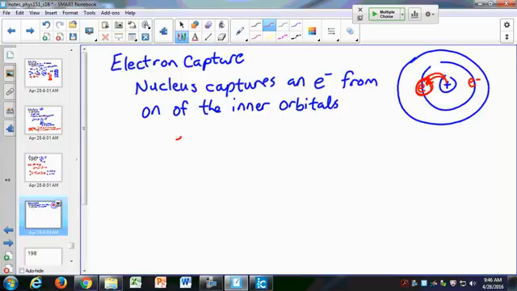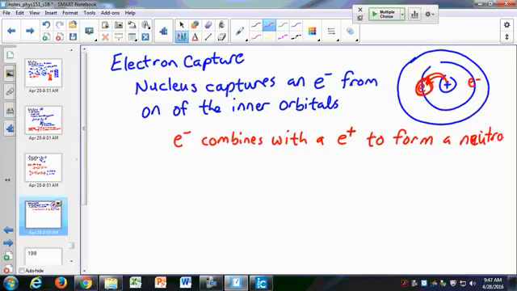The electron combines with a proton. That's a proton to form a neutron. Let me write this out in words just in case. So this is my electron.